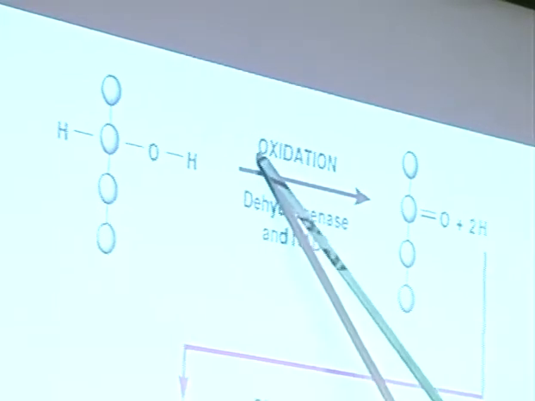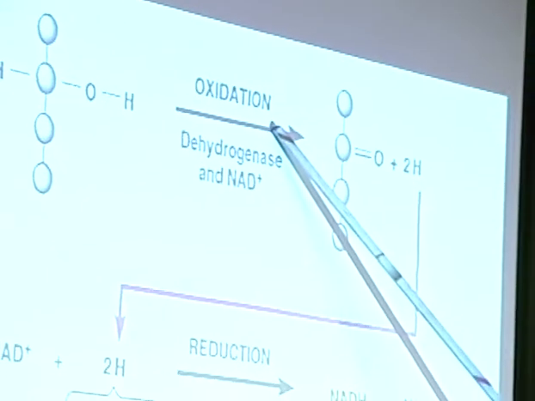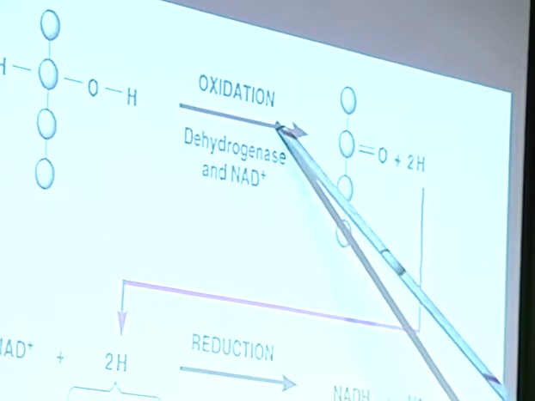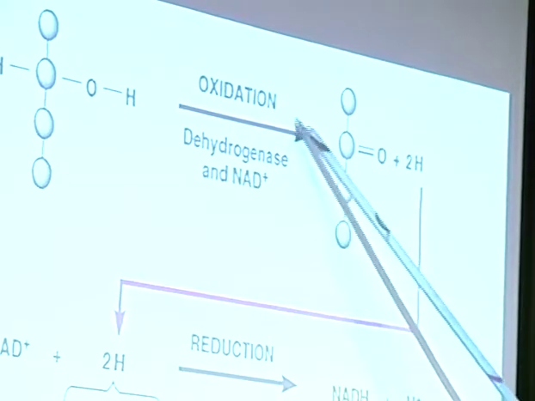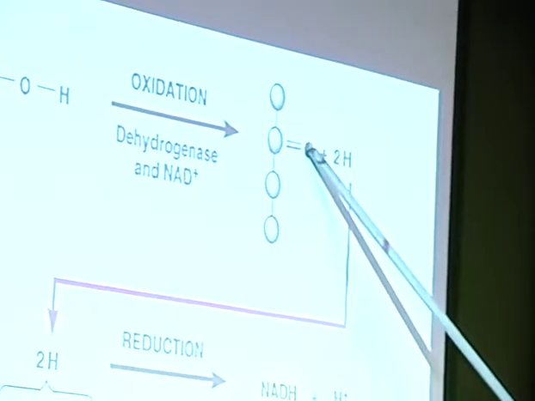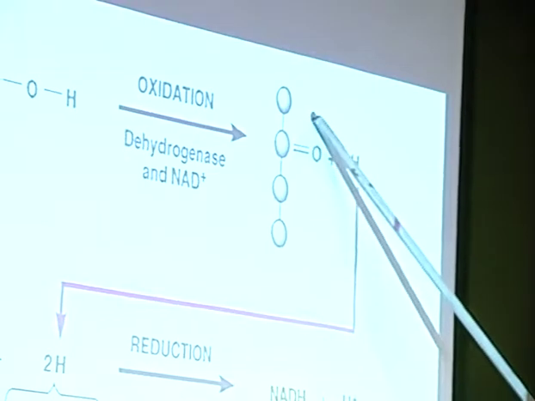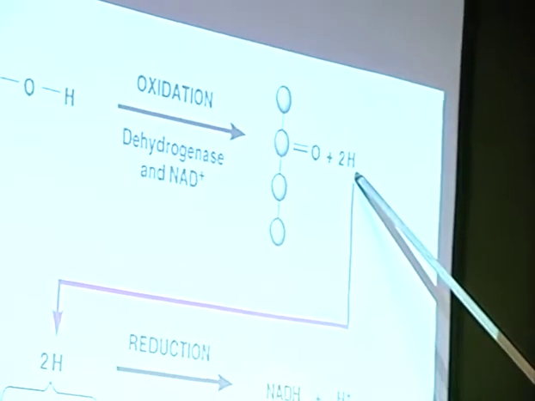If we oxidize that, that means that we remove electrons. Oxidation is just the removal of electrons. What we see here is that we've now generated a double bond between the oxygen and the second carbon because we've removed 2 electrons. We also have 2 hydrogen ions left over.